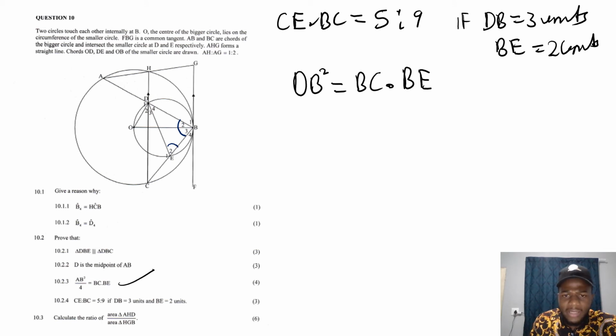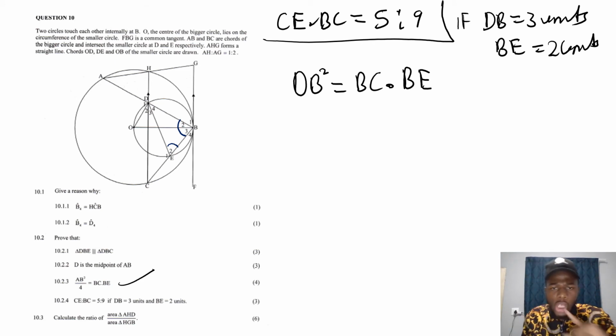Now to prove that question, you have to find the value of CE and the value of BC. So we can find BC using this. Where there is DB, it is 3.